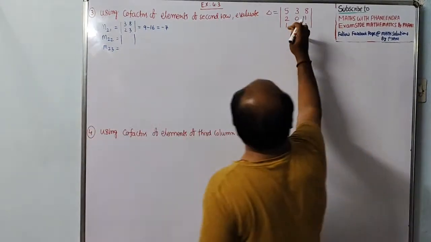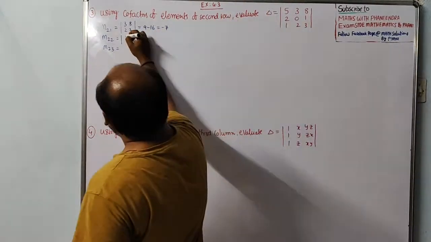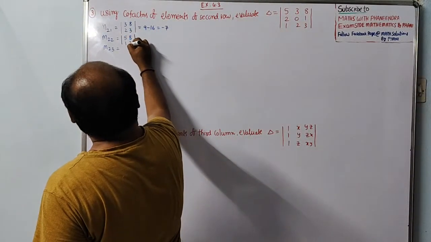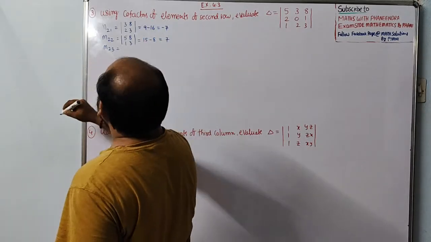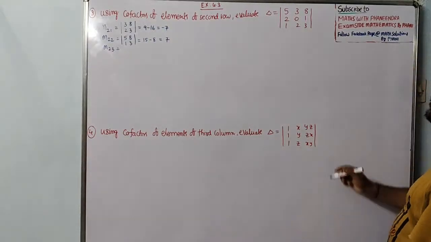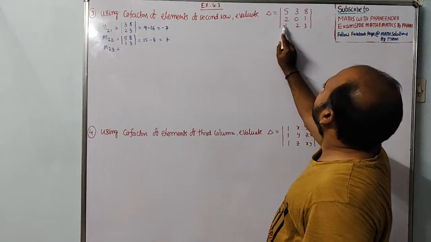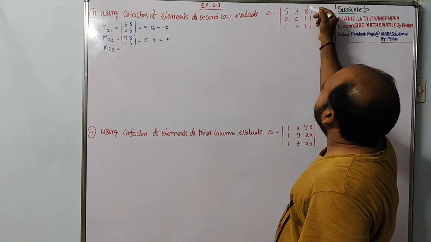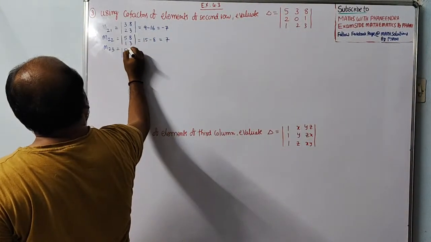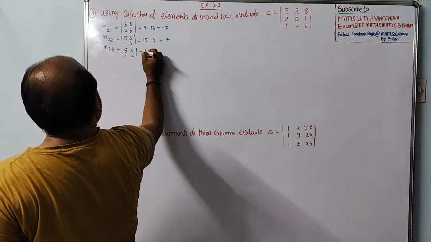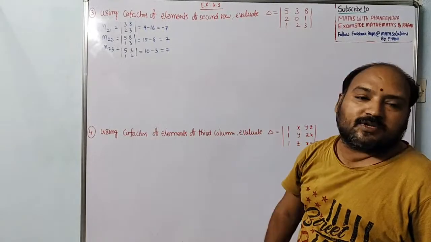Next M22, second row, second column eliminated, 5 8, 1 3, which is 15 minus 8, equal to 7. Next M23, second row, third column eliminated, 5 3, 1 2 will come, which is 10 minus 3, equal to 7. Are you all with me, dear students?